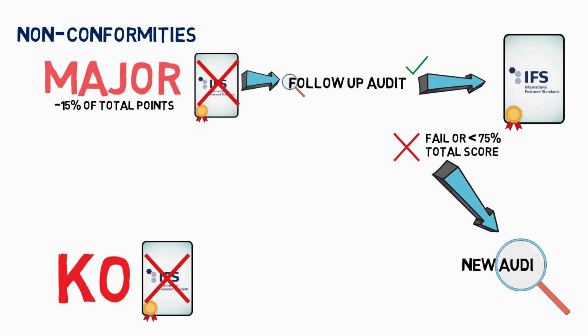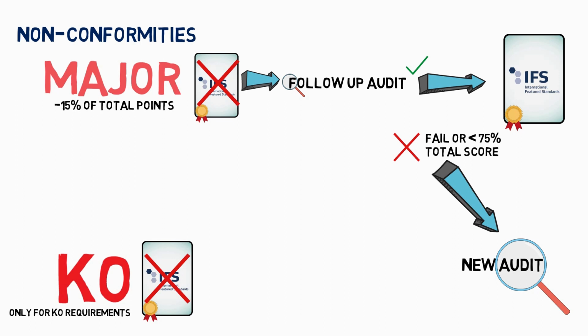A major can be scored for any requirement when crucial things are violated. For example, concerning product safety, customer requirements, or legal aspects. A KO can only be scored for KO requirements. These are extremely important requirements that are essential for any IFS certified company.